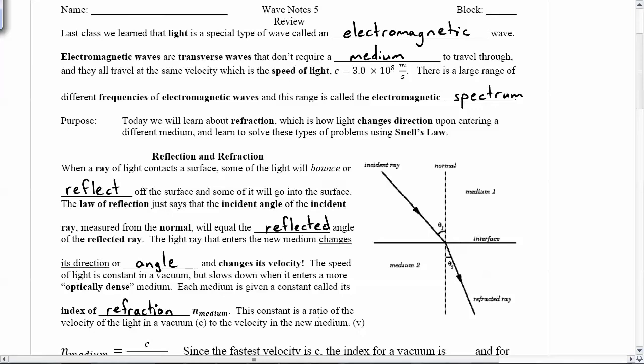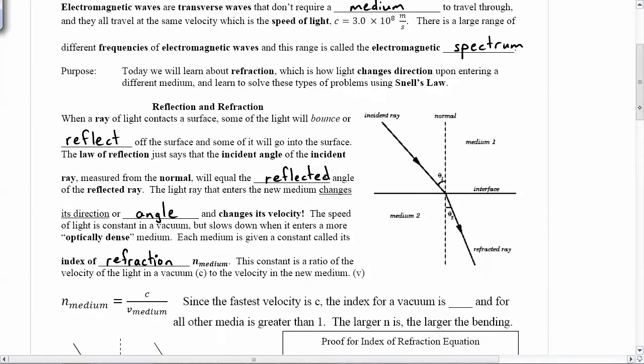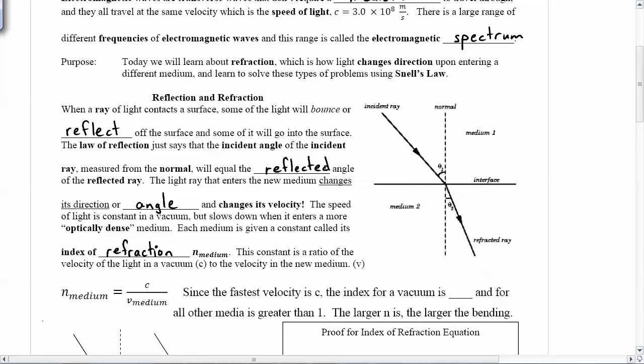This constant is a ratio of the velocity of the light in the vacuum, which is c, the speed of light, to the velocity in the new medium, v. So the equation is that the n in any medium, could be in water, is equal to the speed of light, which is c, or 3.0 times 10 to the 8, the speed of light in a vacuum, divided by the speed of light in that medium.